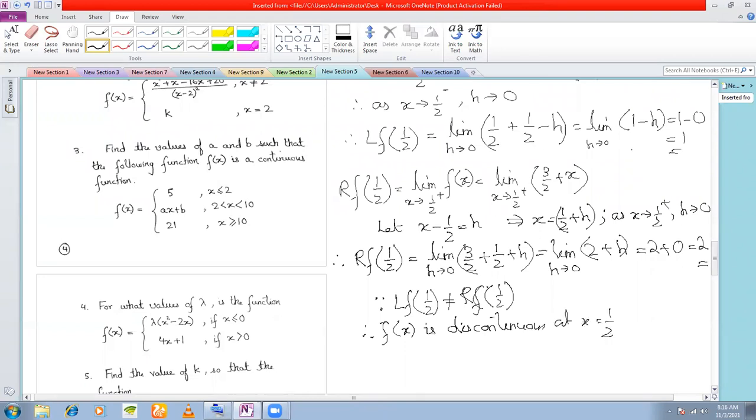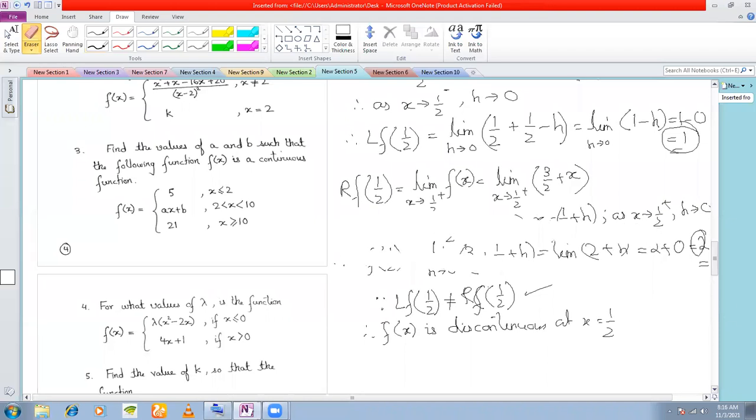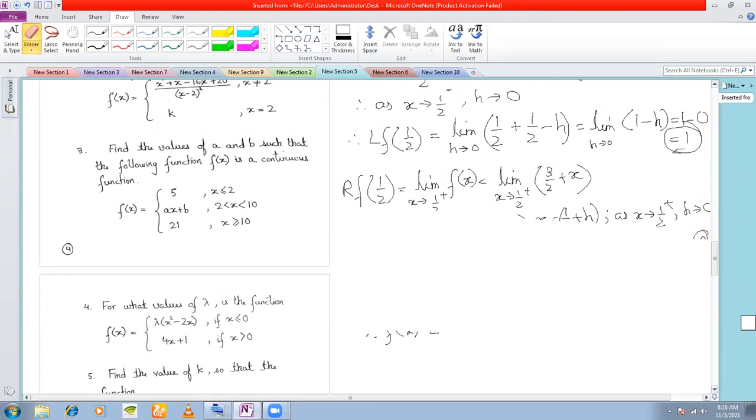So you see, although the left hand limit equal to 1 exists, and the right hand limit equal to 2 also exists, they are not equal. Therefore, it does not satisfy the second condition, and therefore you say that it is discontinuous at x equal to half. Moving on to the next problem.